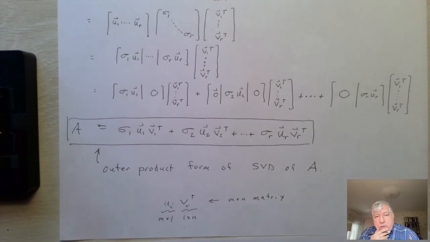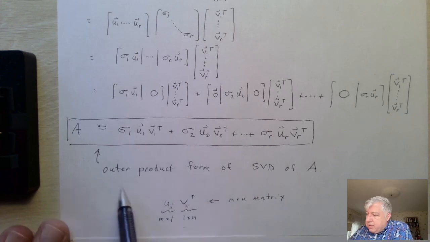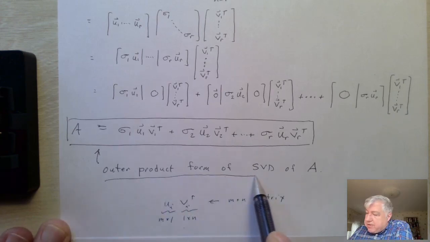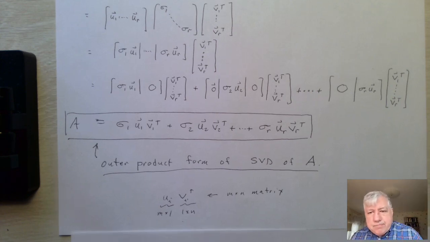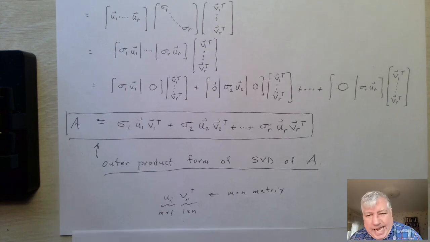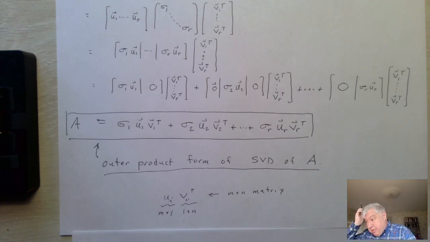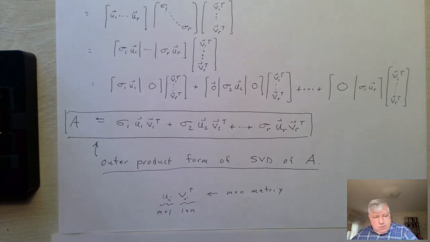That's the outer product form of the singular value decomposition of A, and we can use that when we use A to define a transformation from R^n to R^m.